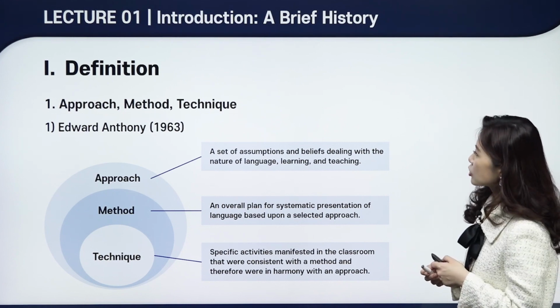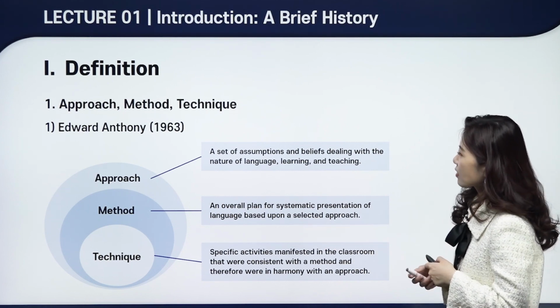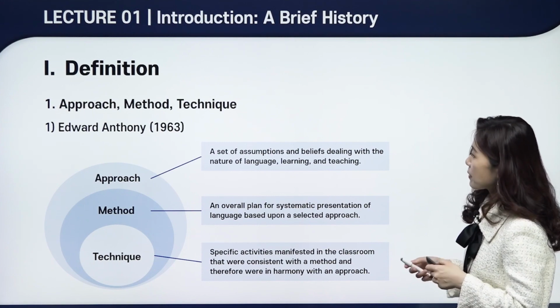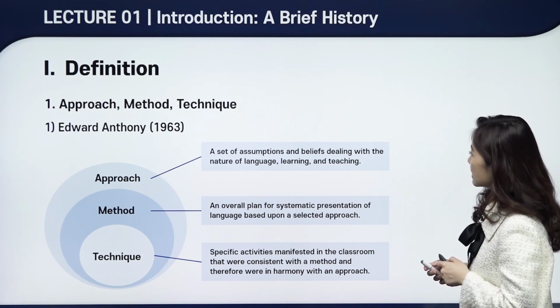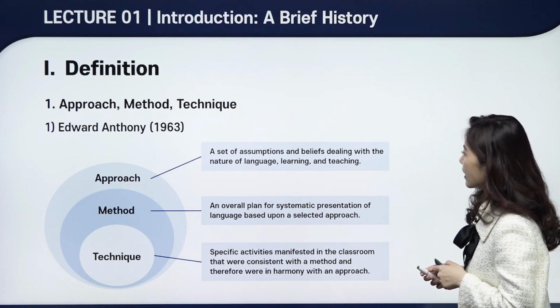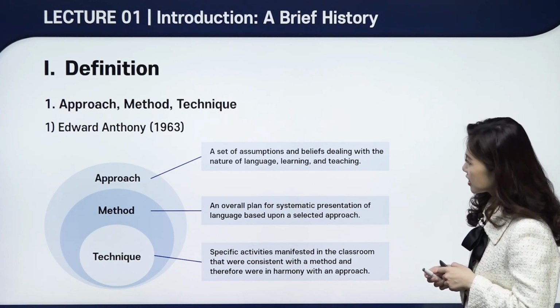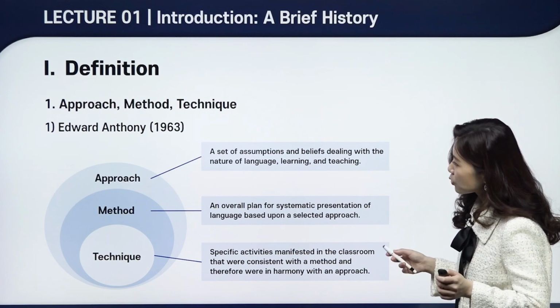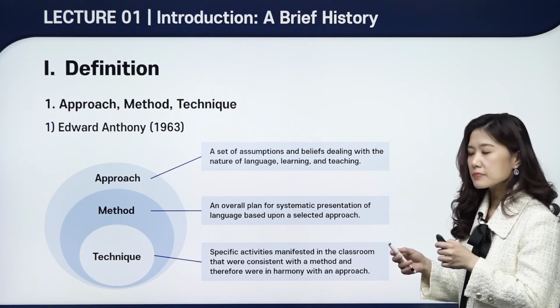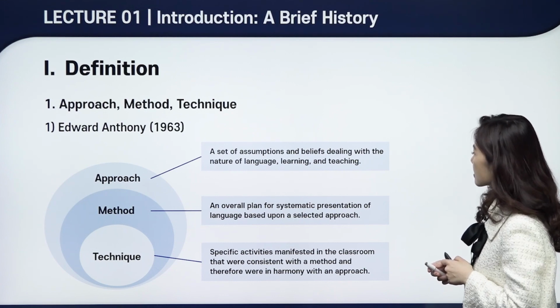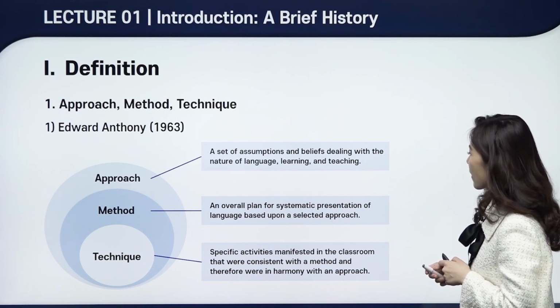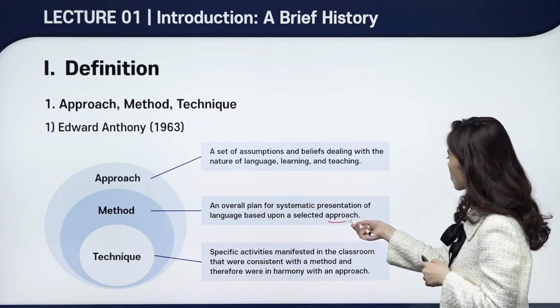All right, let's have a look at this diagram here. So the large circle represents approach. It's a set of assumptions and beliefs dealing with the nature of language learning and teaching. And within approach, we see different methods. And a method is an overall plan for systematic presentation of language based upon a selected approach.